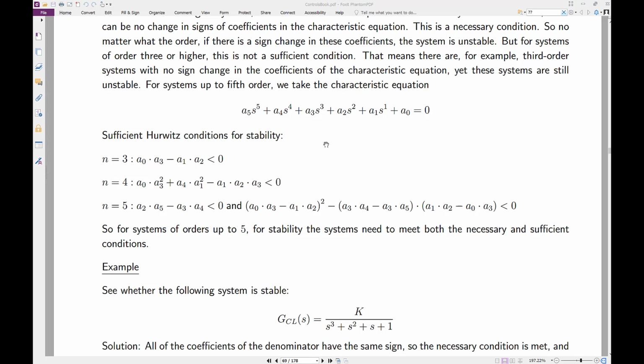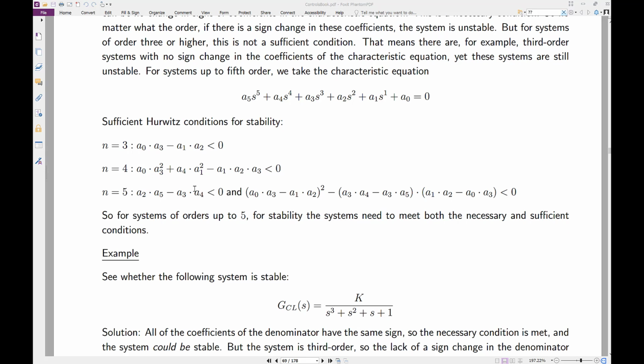Now, things get more complicated as you go higher. For n equals 4, you have a more complicated criterion for sufficiency. When you go to 5, you actually have 2 conditions that you have to meet. So as you can see, if you went to 6, 7, and 8 and developed the criteria for them, they're going to be even more complicated than this. So I'm going to stop here because we're over 10 minutes.